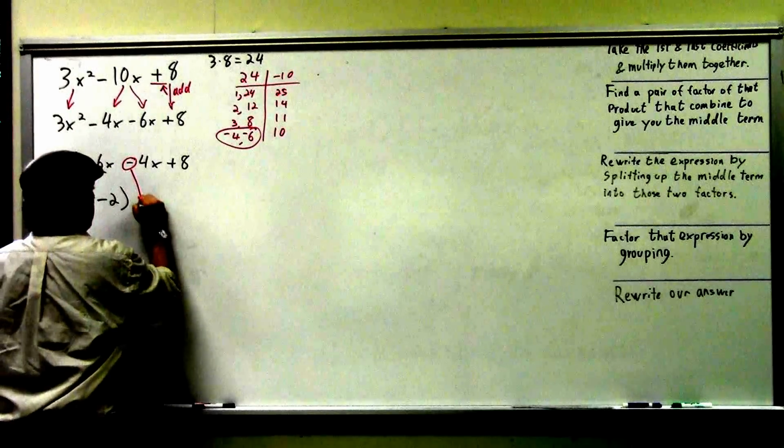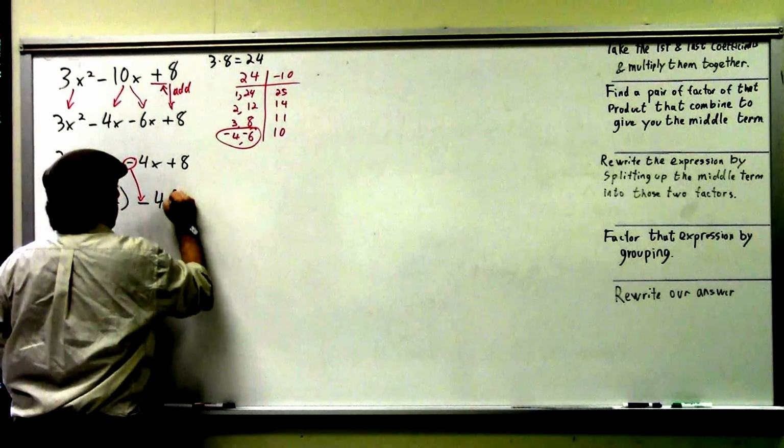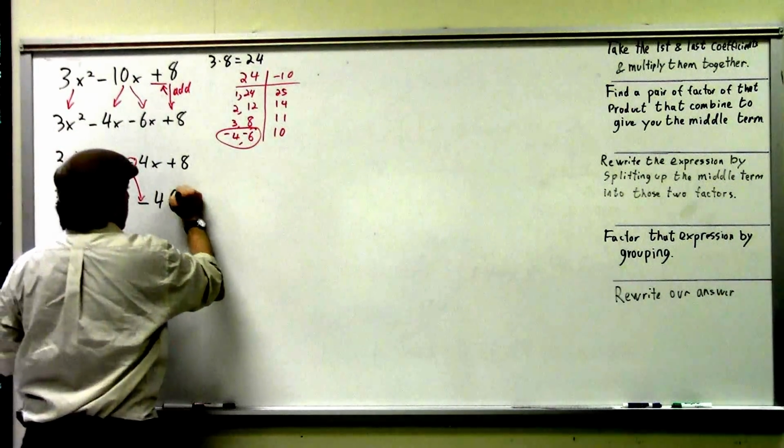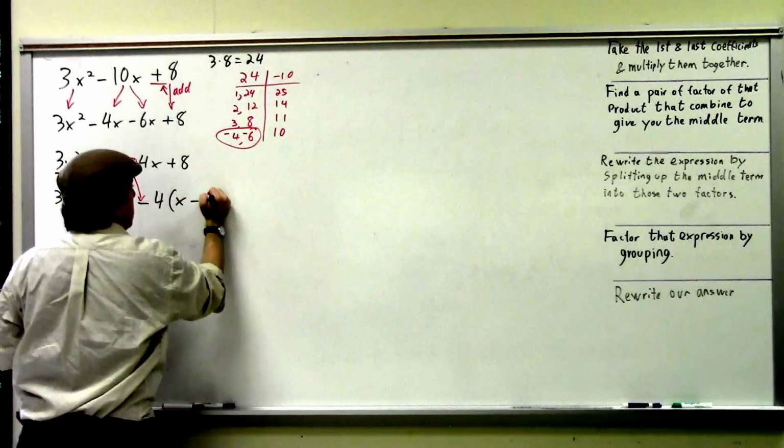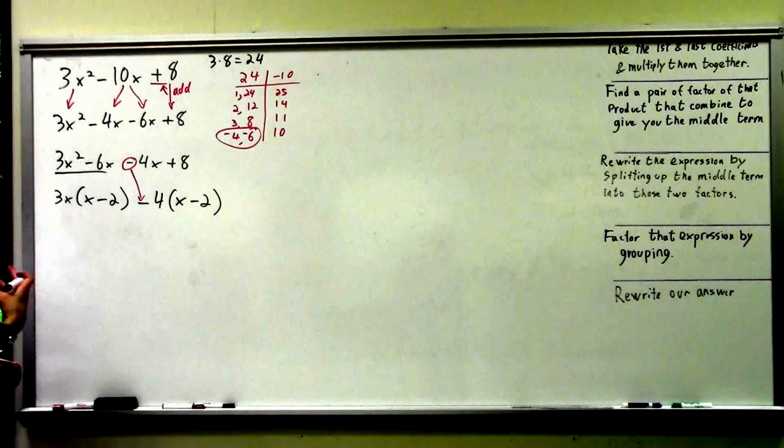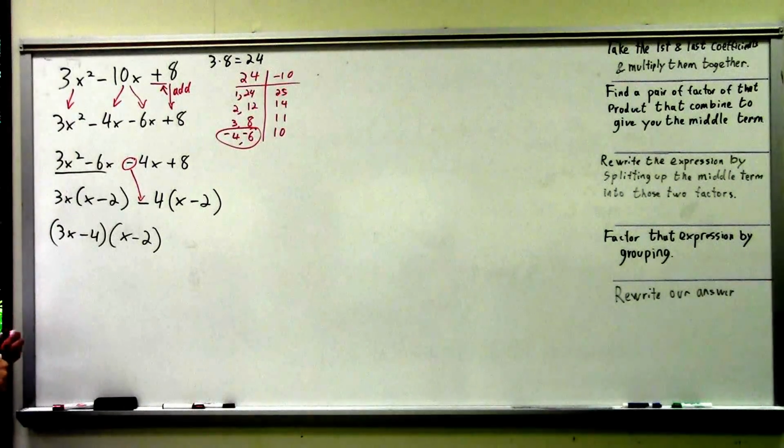And one thing that's really, really important on this second part of our factoring by grouping is because this guy is negative, it's going to come down as a negative. Which means that we're going to be factoring out a negative number. So when we factor out negative 4 from these guys, we're going to get x, and we're going to get negative 2. And then our factorization is going to be 3x minus 4 times x minus 2. And that would be our answer.